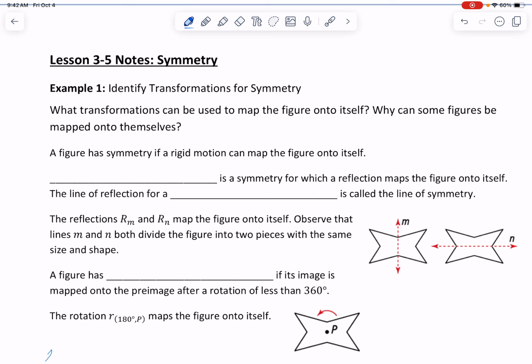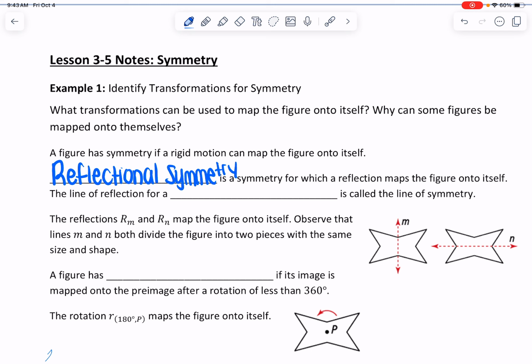So the first type of symmetry we're going to talk about is called reflectional symmetry, which is basically how it sounds, okay? It's the symmetry in which a reflection maps it onto itself.